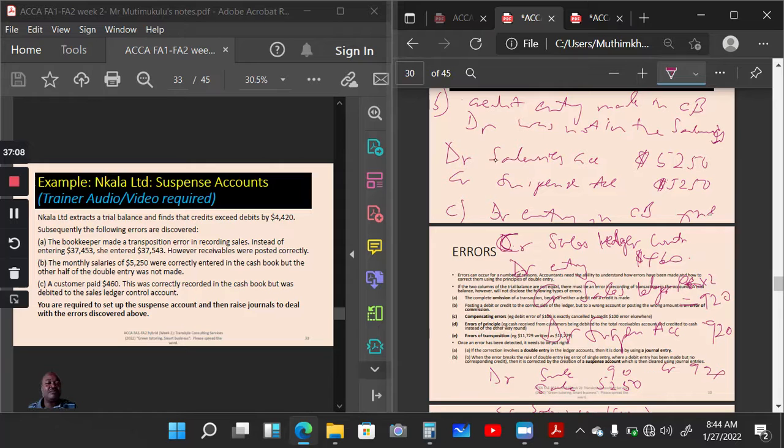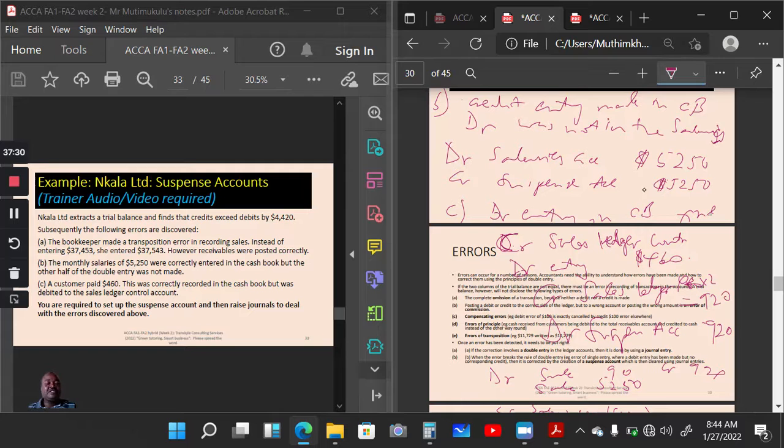For example, the debit of 5250 is already exceeding the suspense account balance. So it doesn't mean that all the entries for the correction of the error are going to be debit.